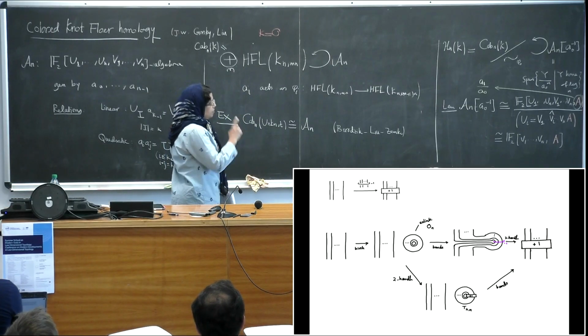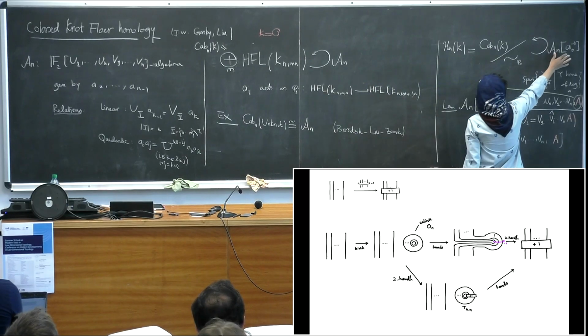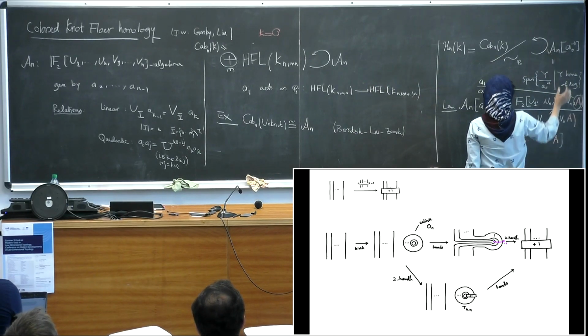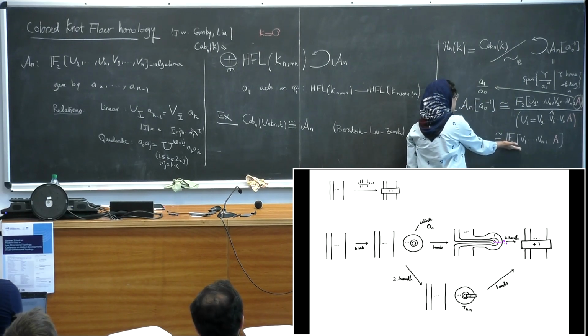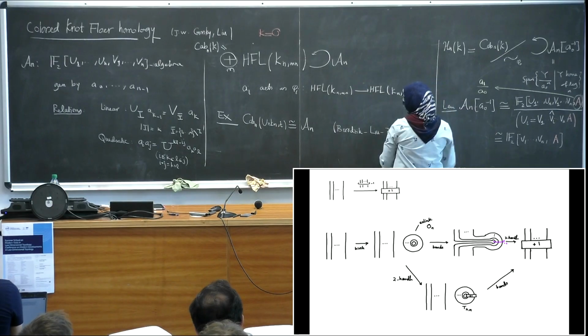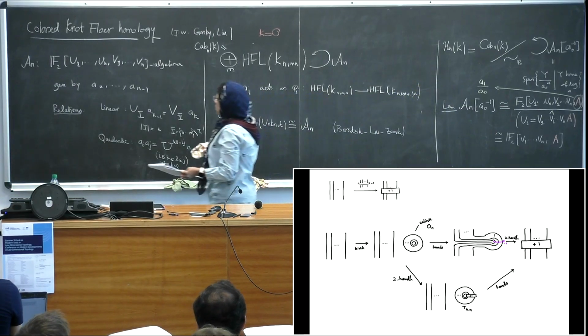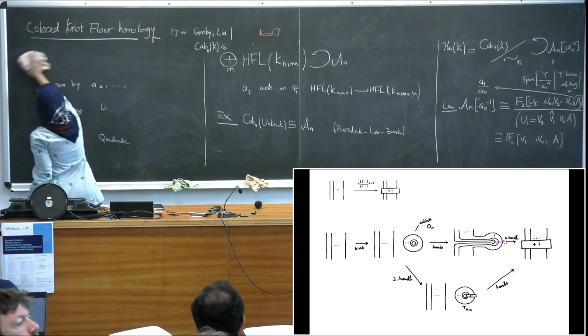So our colored invariant will have a module structure over this guy, which is actually isomorphic to the polynomial algebra with n+1 variables. And I'm just going to finish by telling you two examples and a remark.